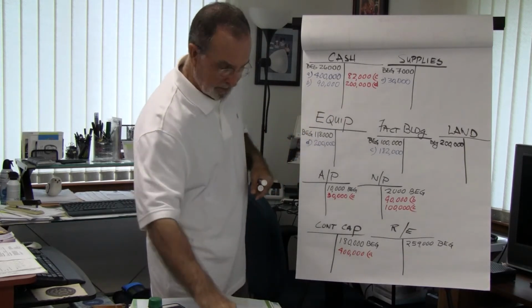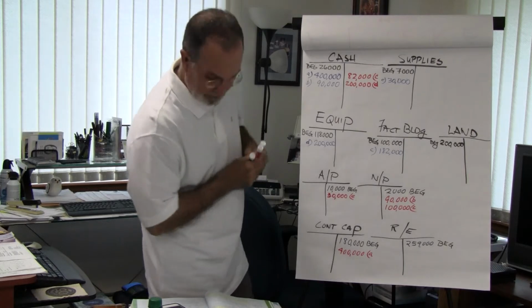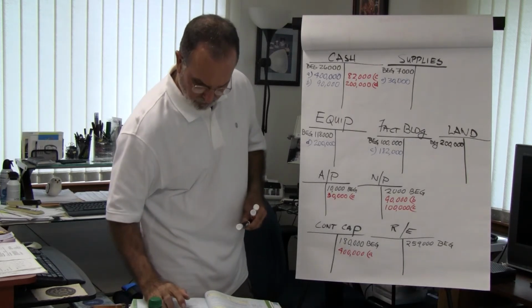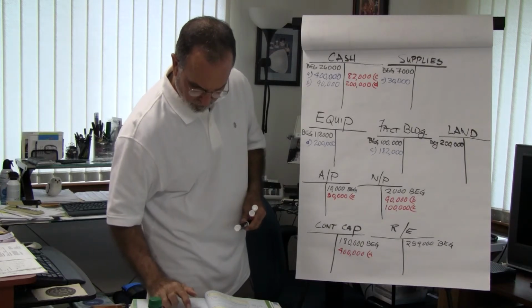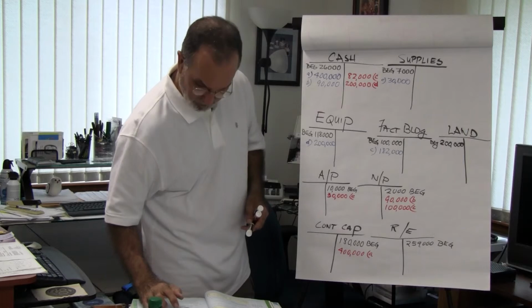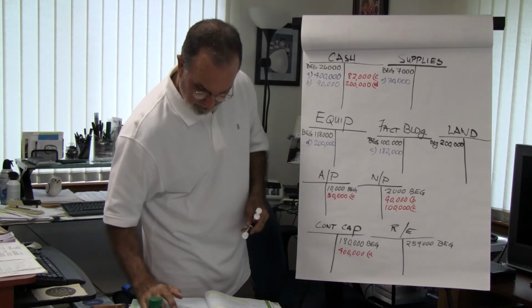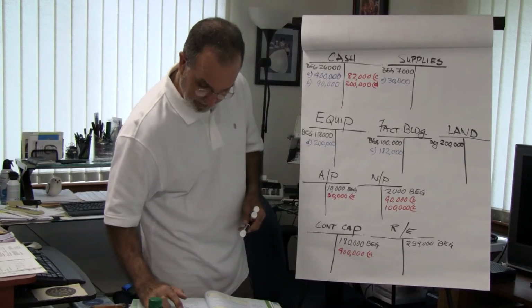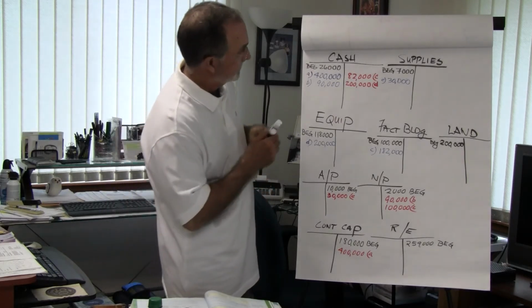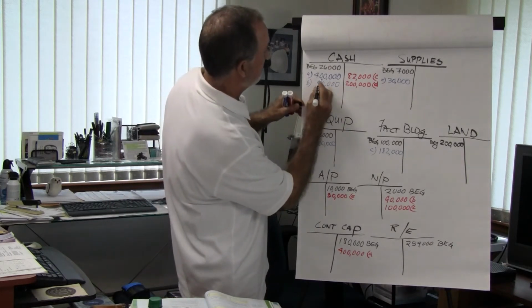So on the plus side we have $426 plus 90, 516.